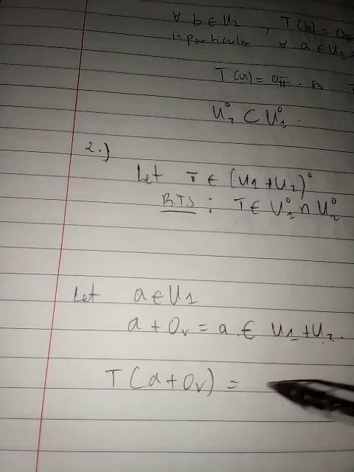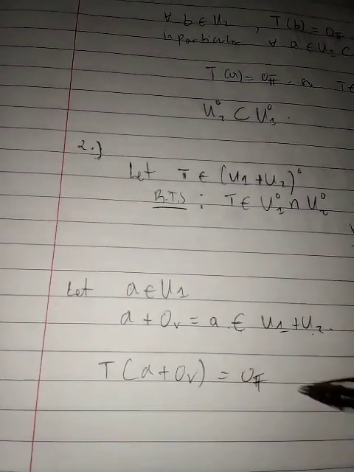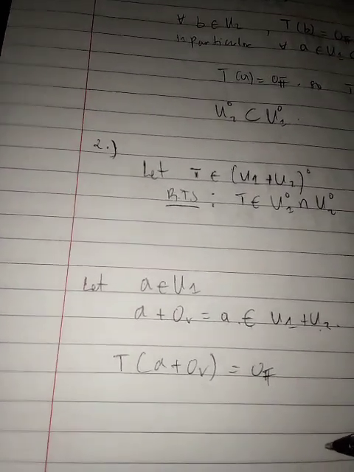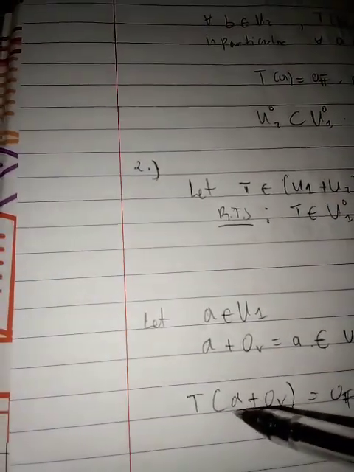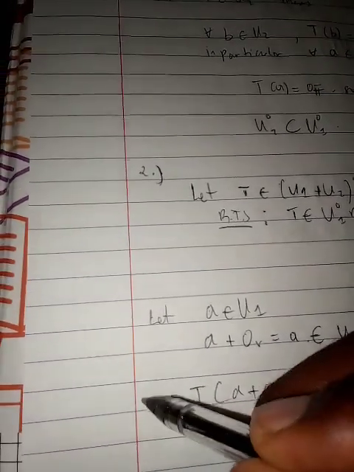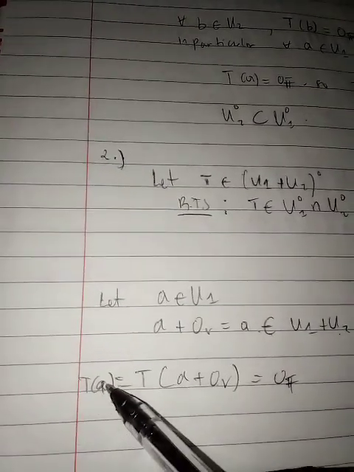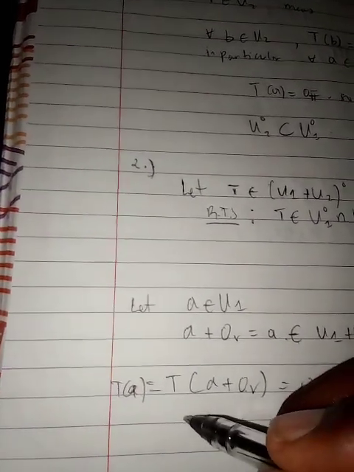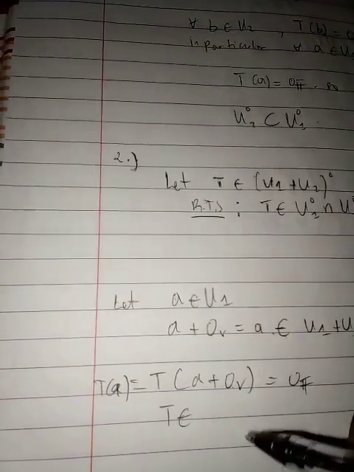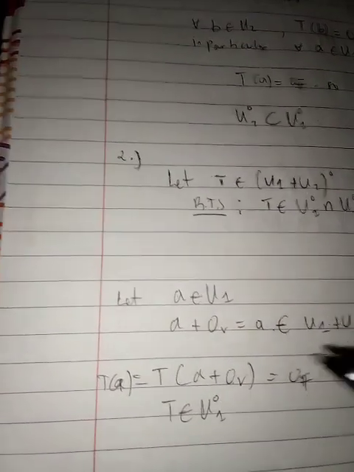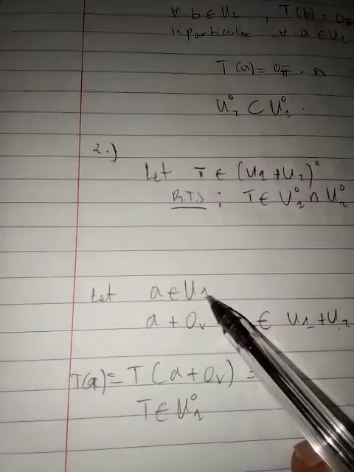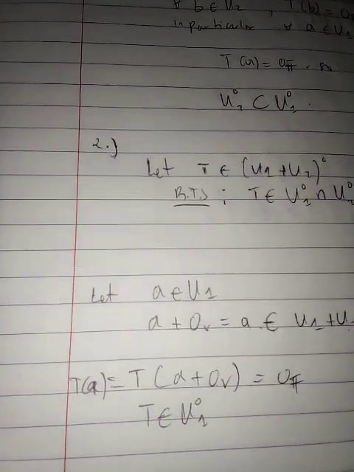We have it to be 0 of f. Moreover, t of a plus 0 v is equal to t of a. So t of a is equal to 0 of f. What does it mean? T is an element of the annihilator of u1 because a is an arbitrary element of u1. Alright.